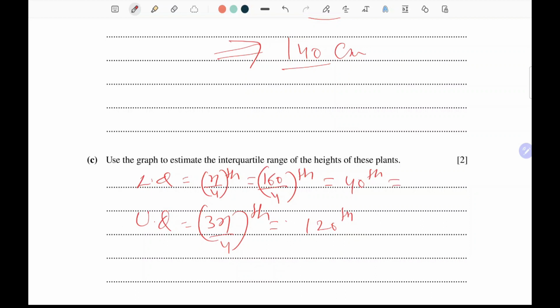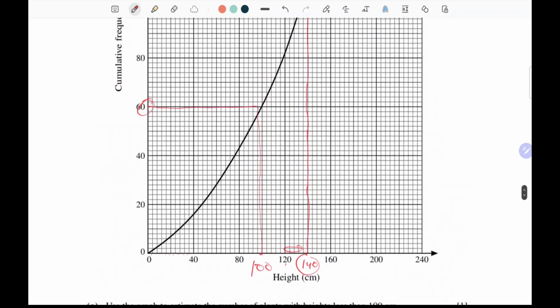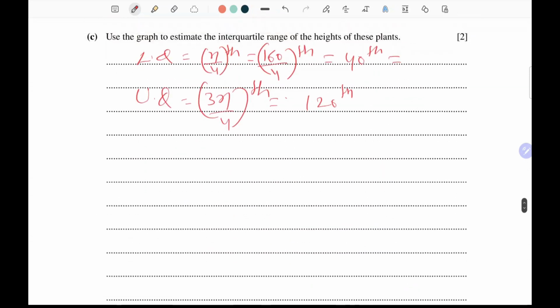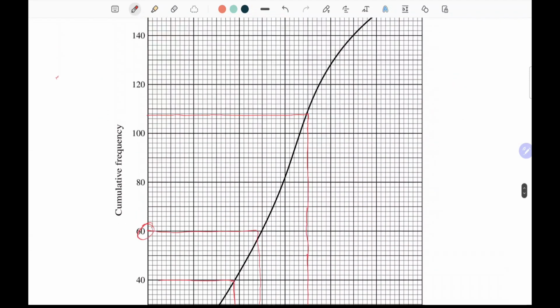So can we find the lower quartile, guys? 40th one. 40th one. Okay. This much. What is that? Yes, guys. I think it is around 76. Please check. And next is 120. 120 is this.